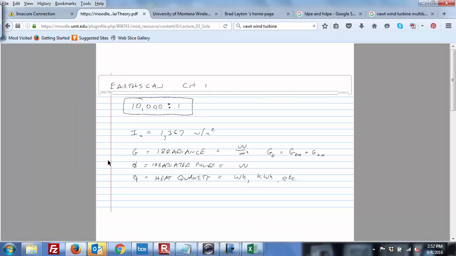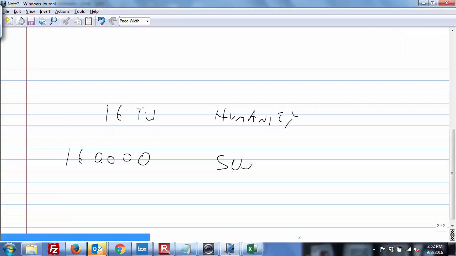It's a 10,000 to 1 ratio. So there's approximately 160,000 terawatts of sunlight incident upon the Earth. So the point is there's no shortage of solar energy.